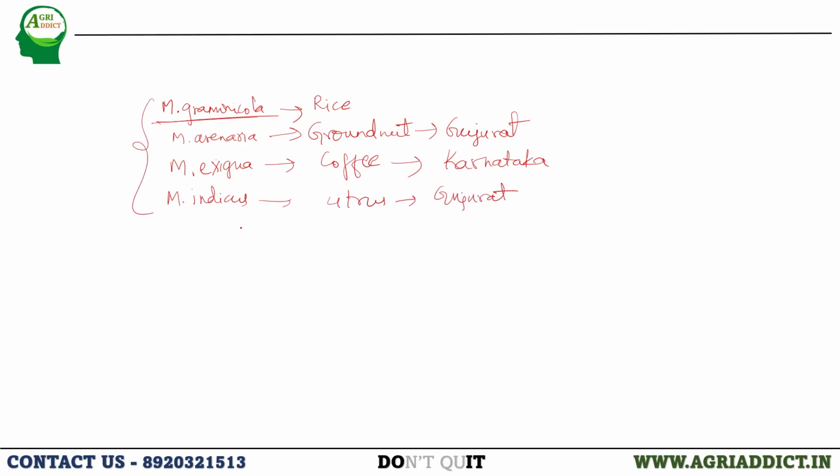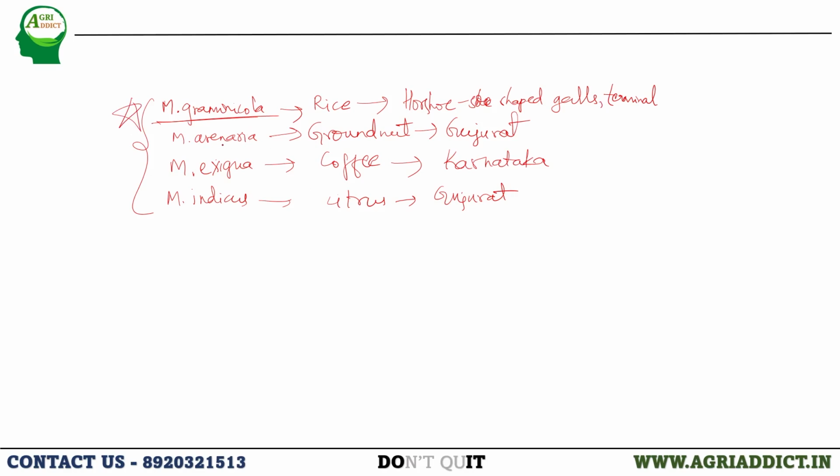Some of the important species you have to remember are very specific to each host. Meloidogyne graminicola, rice, shows some typical symptoms like horseshoe shaped, terminal galls. This is also important.